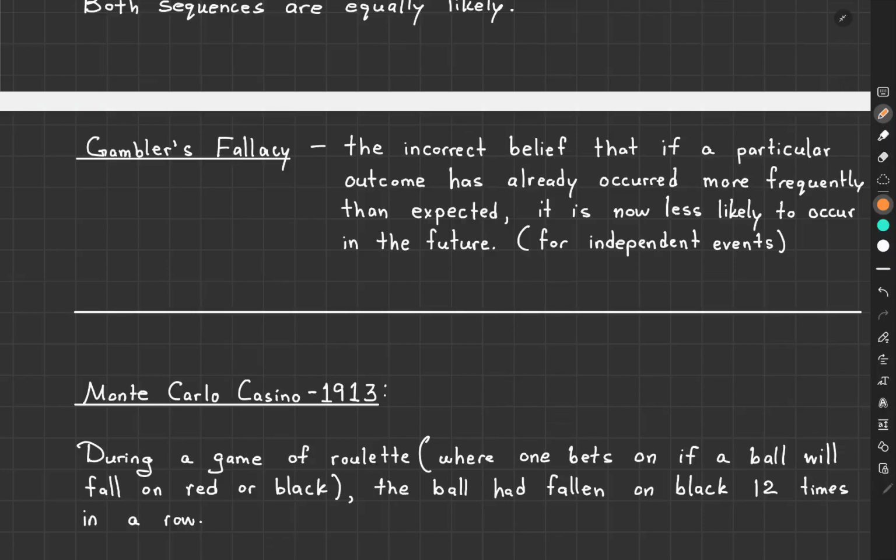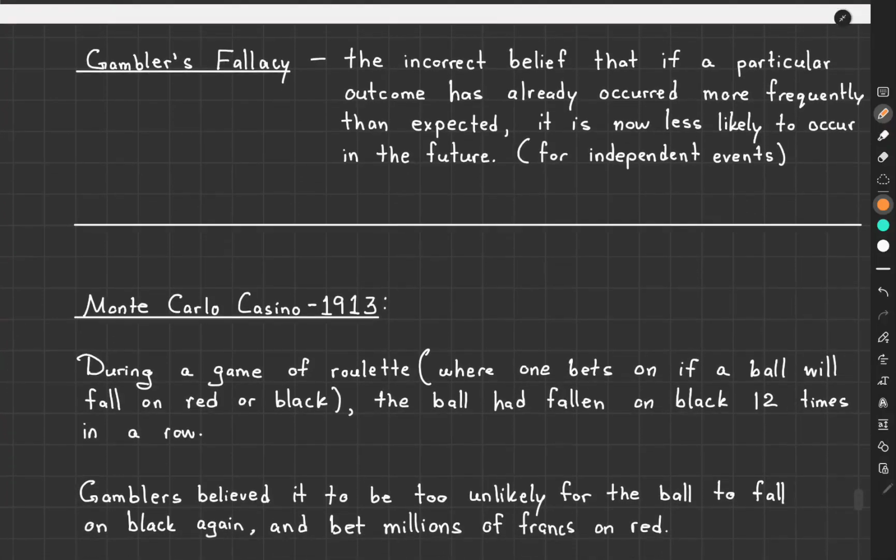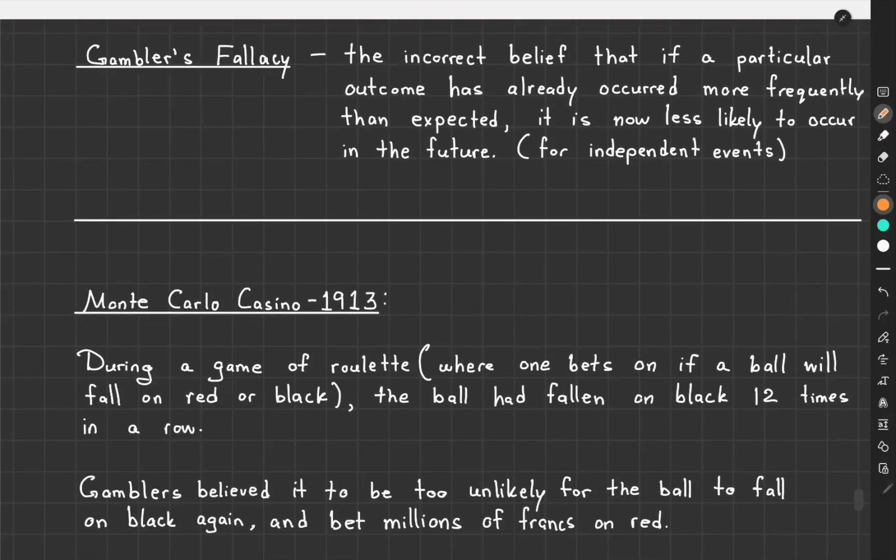The ball had fallen on black 12 times in a row. A lot of people there thought, well, this is just too unlikely to happen, and it's too unlikely for the ball to fall on black again. In sum, between all of them, they bet millions of francs, which was their currency in Monaco, on red showing up.